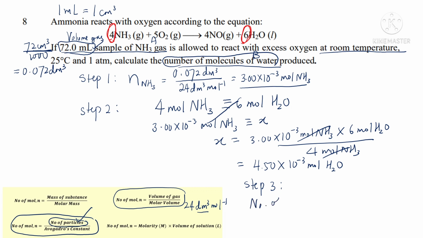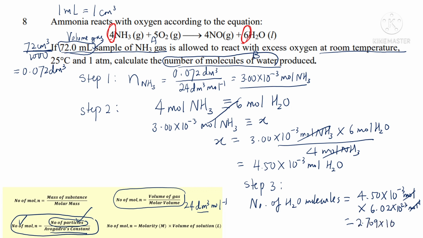Therefore, we need to multiply the number of moles of water with the Avogadro constant. So number of moles of water, 4.5 times 10 to the power of -3 mole, multiplied by Avogadro constant, 6.02 times 10 to the power of 23 per mole. And that will give us 2.709 times 10 to the power of 21 water molecules.